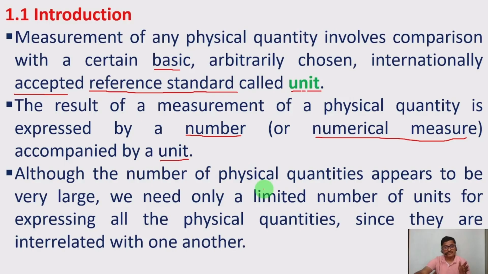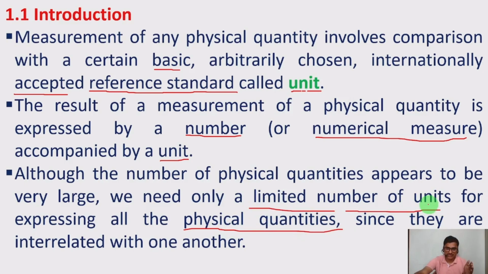That's why we cannot have separate units for all physical quantities. But we need only a limited number of units for expressing all the physical quantities, and these limited number of units are interrelated.